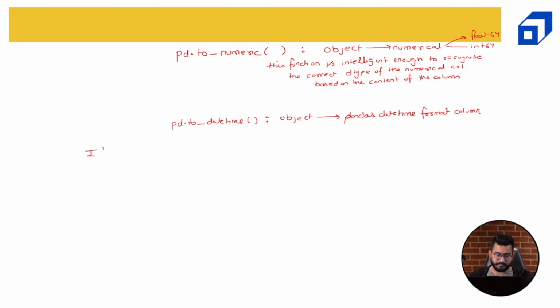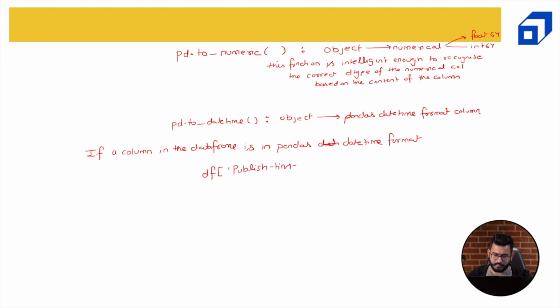If a column in the data frame is in Pandas datetime format, let's say my column is publish time, and I know that this column is in Pandas datetime format, right?